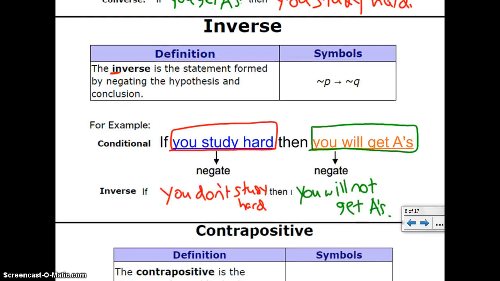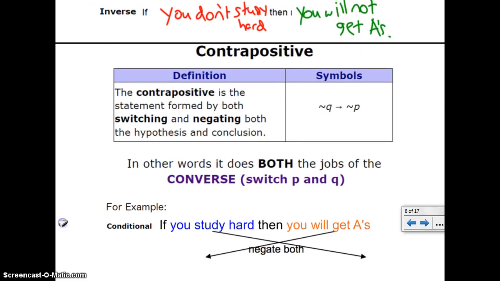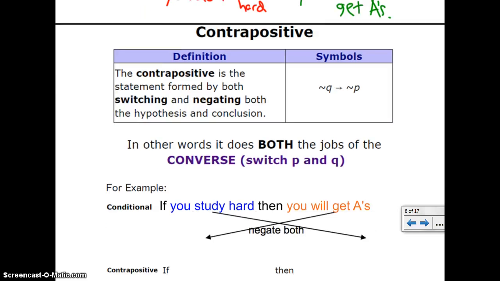So if converse is to flip and inverse is to negate, the third one, contrapositive, is probably going to be, you got it, you guys are so smart. Contrapositive is a combination of both. So with contrapositive, you're going to flip and negate.